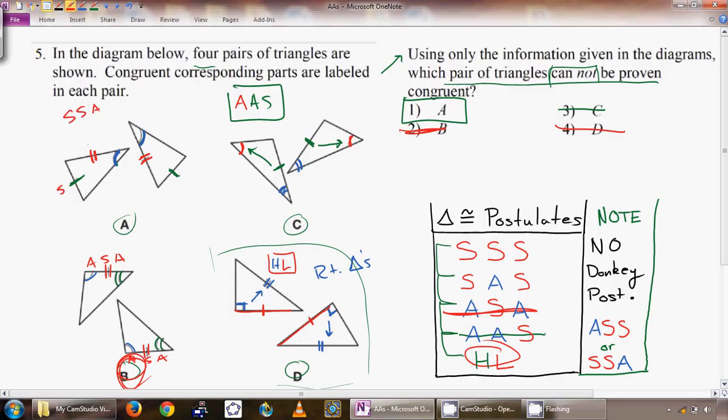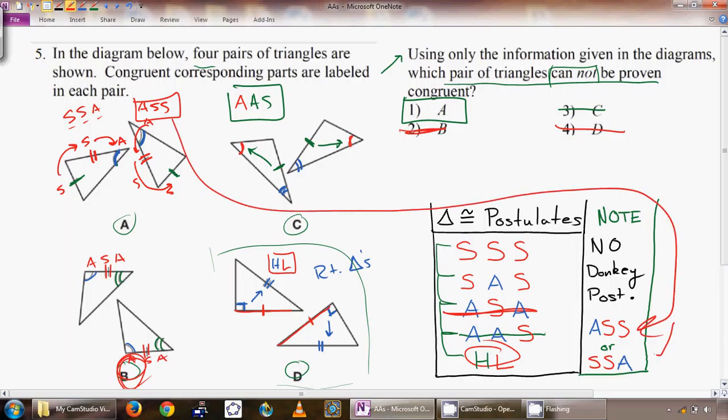Look, side, and then a side, and then an angle. So that's SSA. Or we could do it the other way. An angle, a side, and then a side. That's ASS. You can't prove triangles congruent using either one of those.